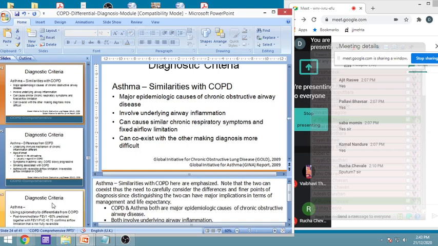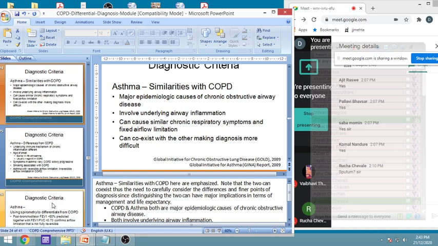What are the similarities between asthma and COPD? They are more epidemiologic causes of chronic obstructive airway disease. Whenever there is a chronic obstructive lung disease or respiratory disease, it can be either asthma, it can be COPD, or it can be a mix of both. Most involve underlying airway inflammation.